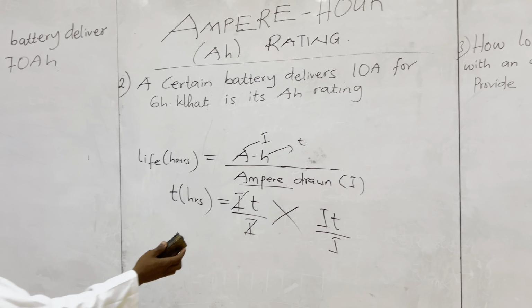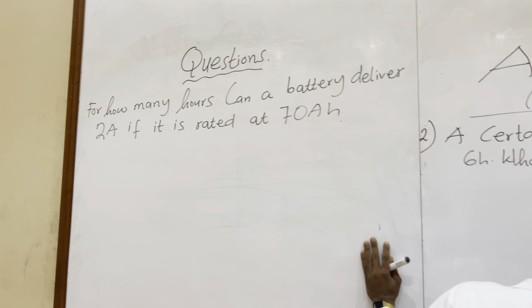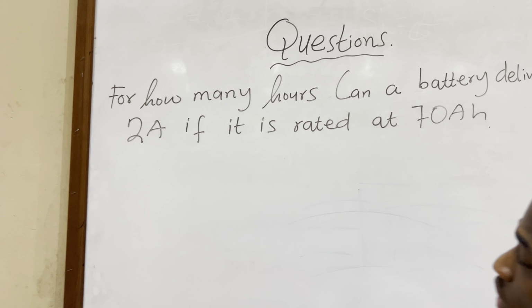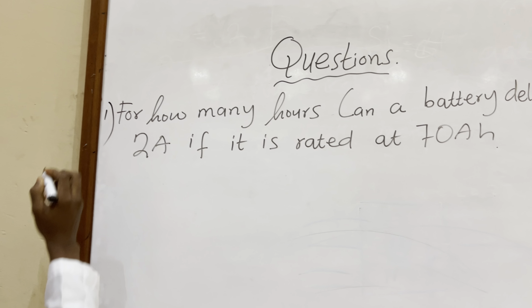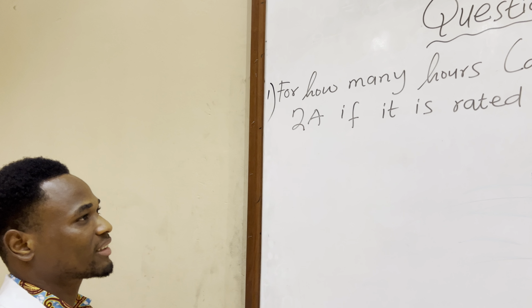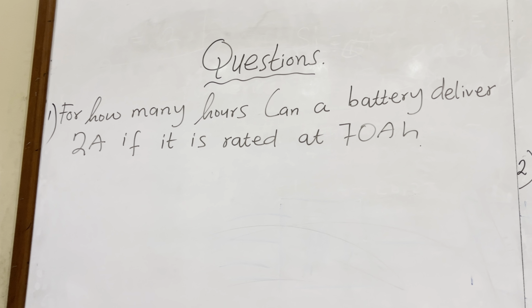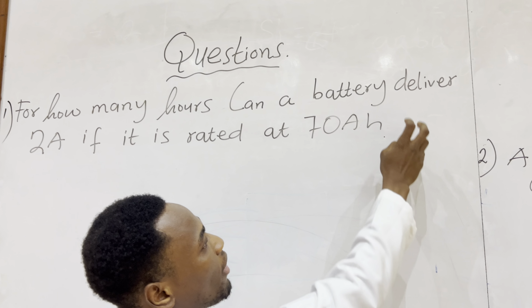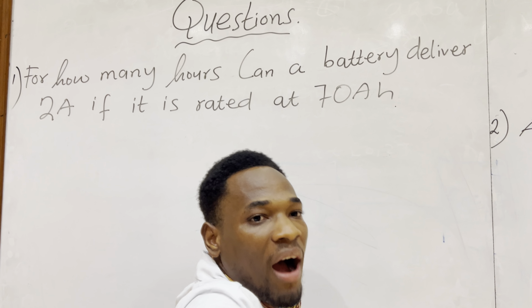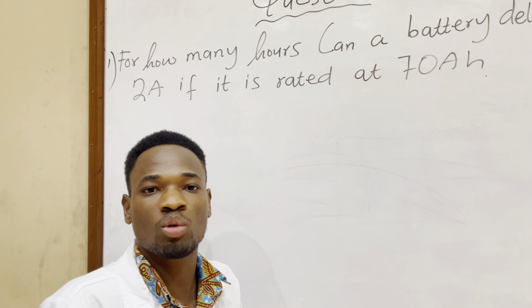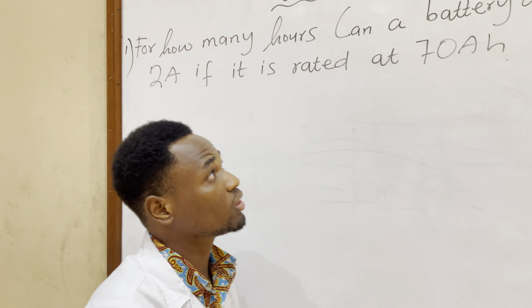So viewers, let's start the game. The first question reads, for how many hours can a battery deliver 2 ampere? Remember we said the Ampere-hour rating is going to deliver a calculated amount of current to a source.